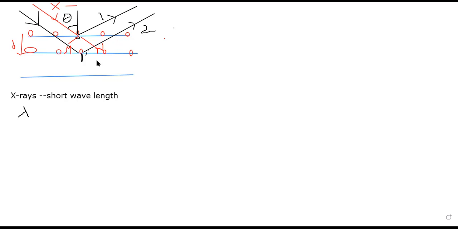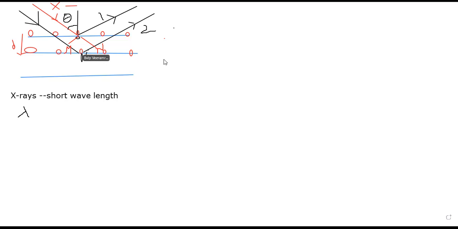Then what is the path difference between these two X-rays? Here we can observe that the second X-ray, after penetrating through the crystal lattice, when it strikes the atom at the point O dash, travels an extra distance OM.